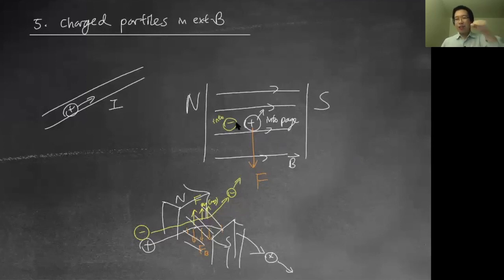If negative charge is going into the page, it means the current is going out of the page. So put your second finger out of the page and your first finger in. As you can see, this guy experiences a force that points up. All right, so you can test yourself with some exercises at home.